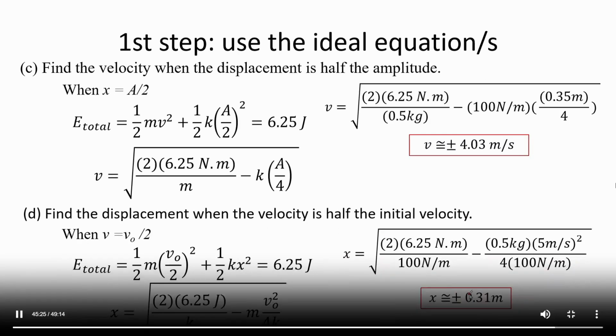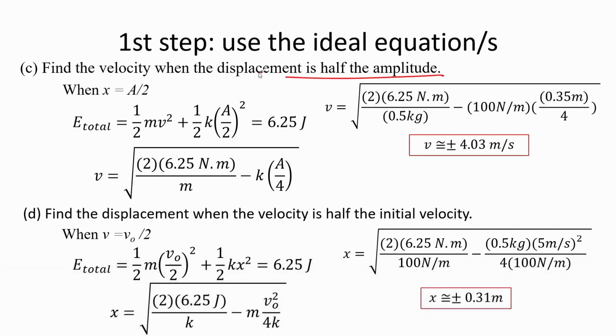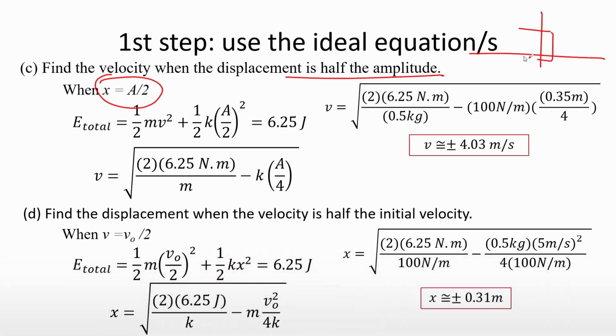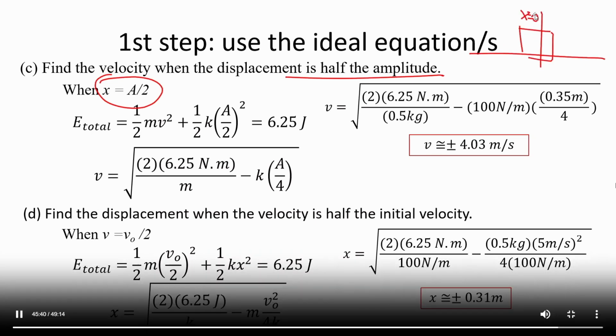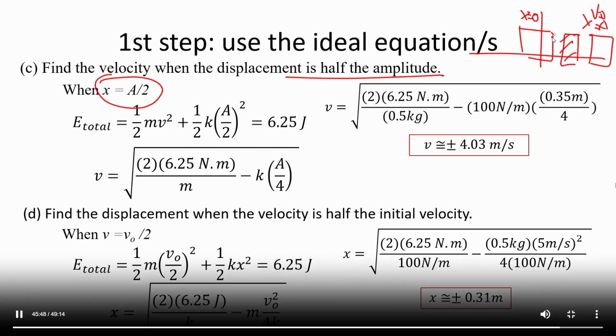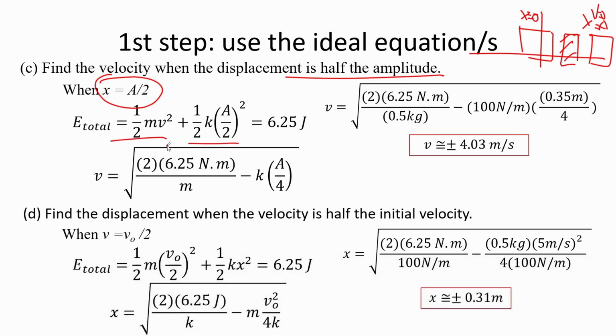Letter C, find the velocity when the displacement is half its amplitude. So when x is equal to A over 2. At equilibrium, x is 0; at maximum, x is A but v is 0; so somewhere in between, at half the amplitude, it has both kinetic and elastic potential energy.